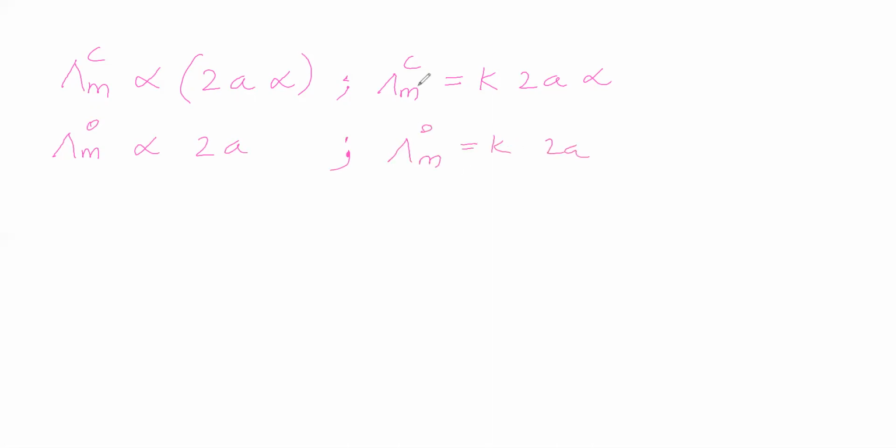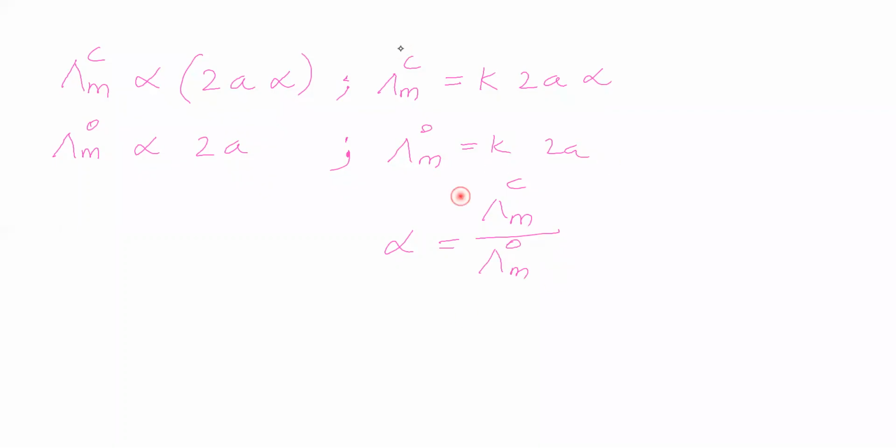Now from these two, we come to the conclusion that alpha is equal to lambda m at a given concentration divided by lambda m at infinitely diluted solution. So we got the relation between alpha and lambda m.